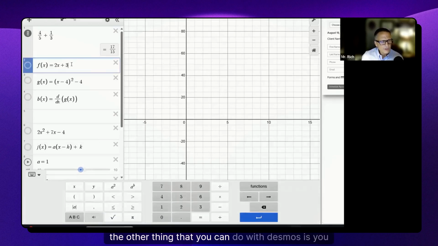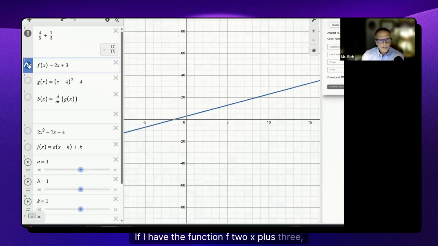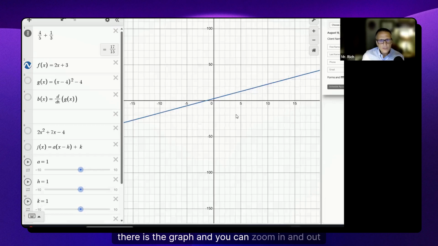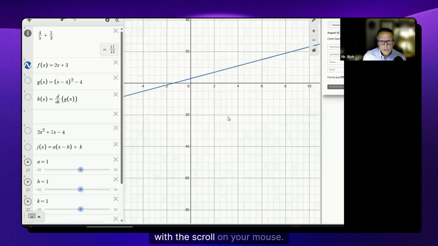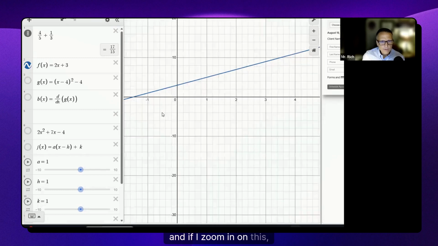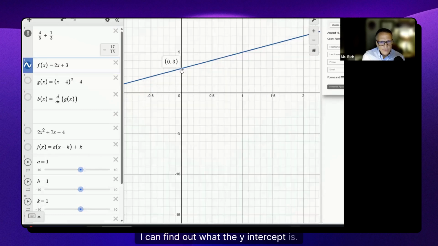Now, the other thing that you can do with Desmos is you can graph to find intercepts, right? If I have the function f of x equals 2x plus 3, and I click that button right there to turn it on, there is the graph. And you can zoom in and out with the scroll on your mouse. And if I zoom in on this, I can find out what the y-intercept is.